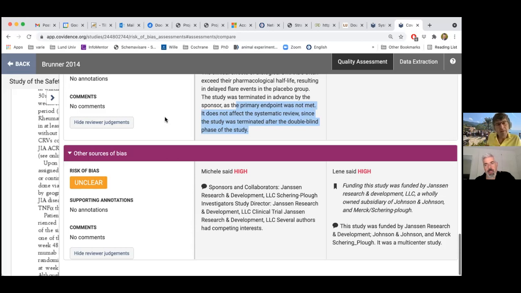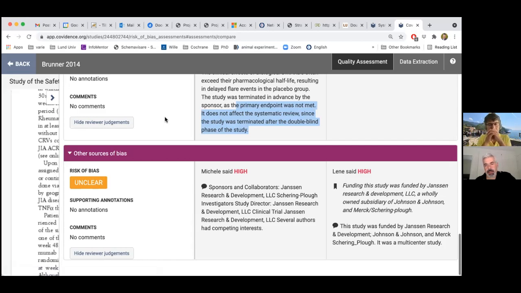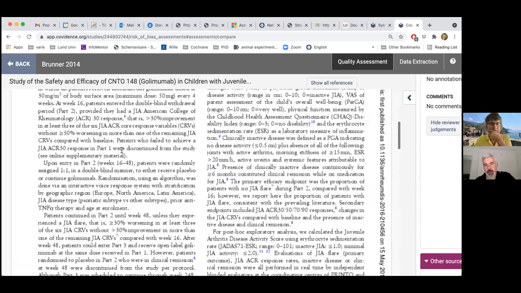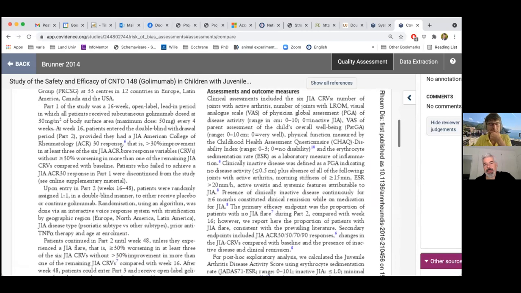So the fact that, for instance, in this study, the children all got the drug, and then during part 1, all patients received subcutaneous golimumab, and then only those who had at least a 30% improvement moved on to the randomized part.